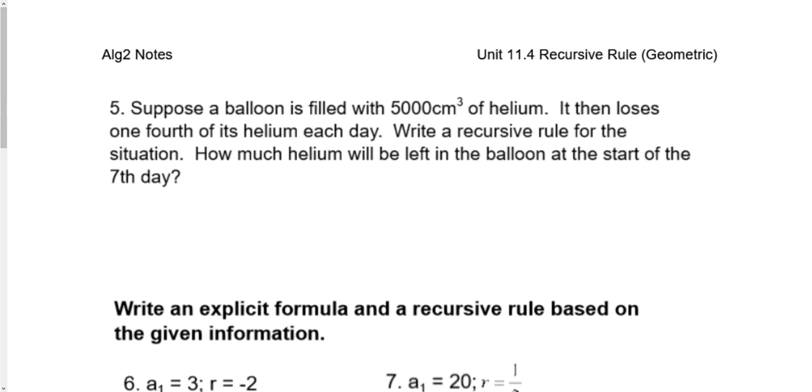But see, here's the thing again. See right here where it says it's going to lose 1/4 of its helium each day? I don't want to calculate how much helium we're losing. I want to calculate how much helium we're going to have left. So if I'm losing 1/4, shouldn't I have 3/4 of it left?